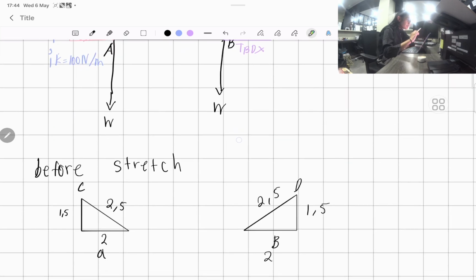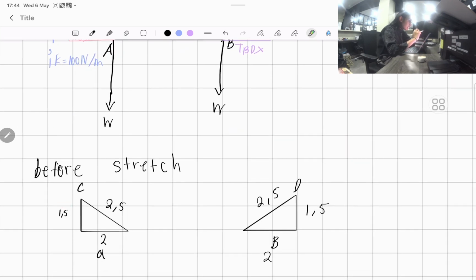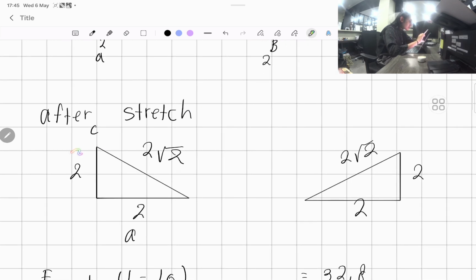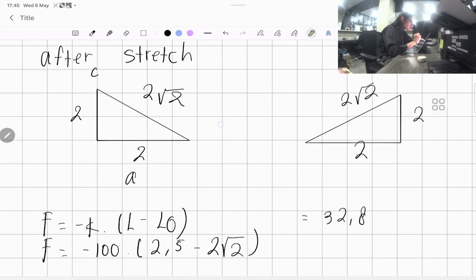So all we have to do is add 1.5 plus 0.5, and the result is the height after the stretch would be 2, and the length of it is 2. After finding the hypotenuse after the stretch, the result will be 2 root 2.